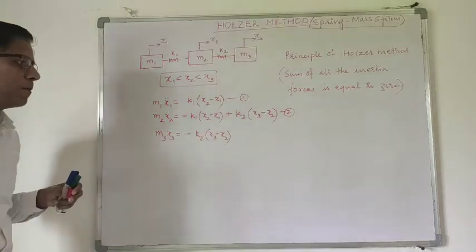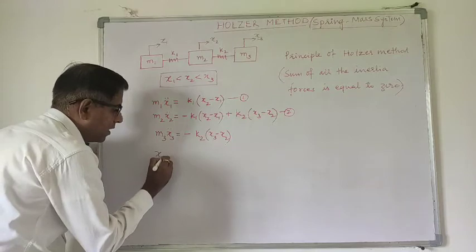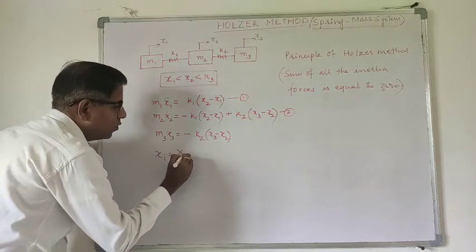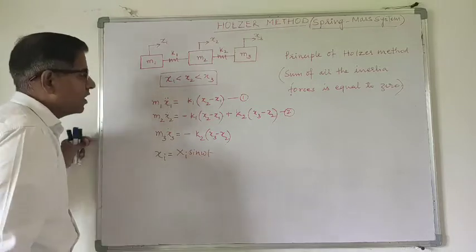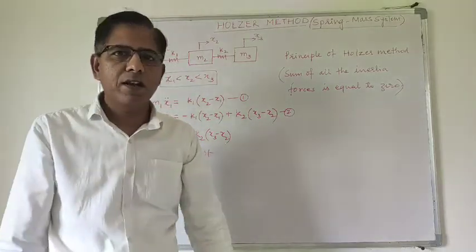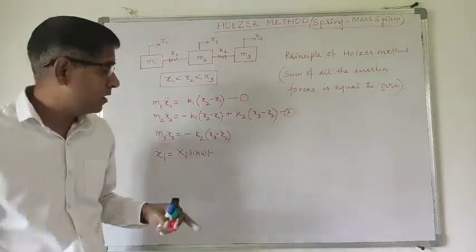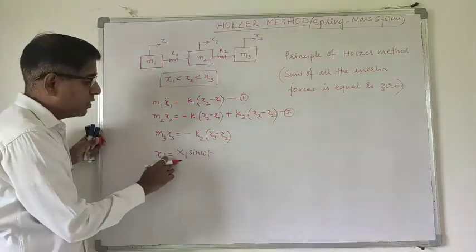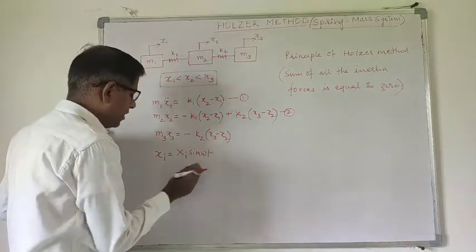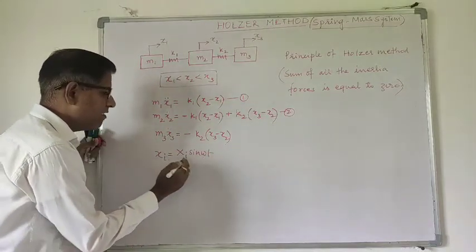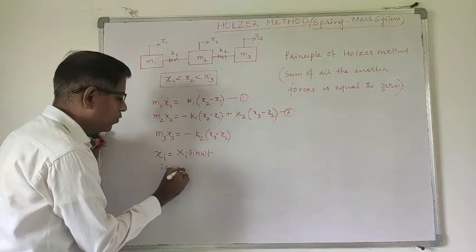Okay. Now we know that xi is equal to Xi sine omega t. So the response of these masses is also harmonic, and it is given by xi equal to Xi sine omega t, where i is equal to 1, 2, 3.